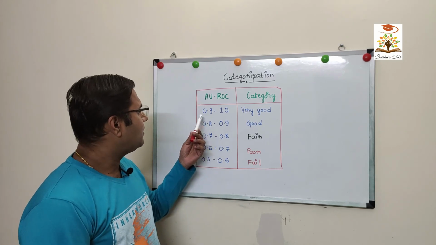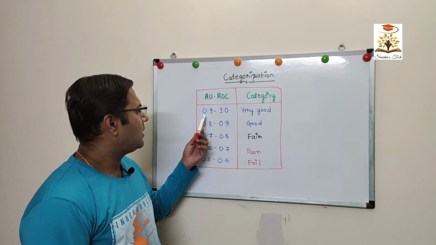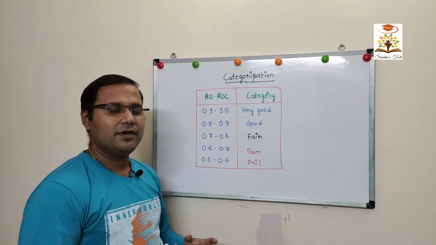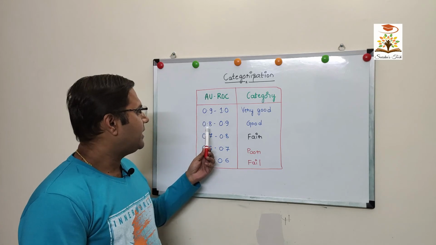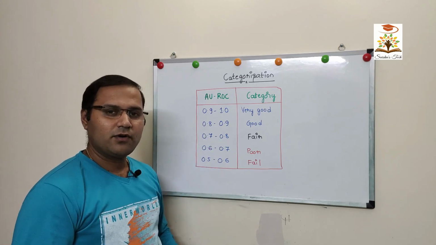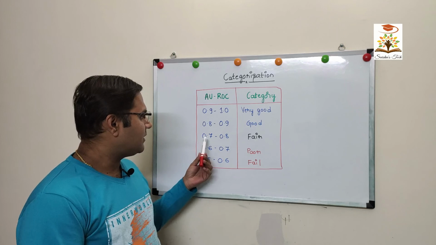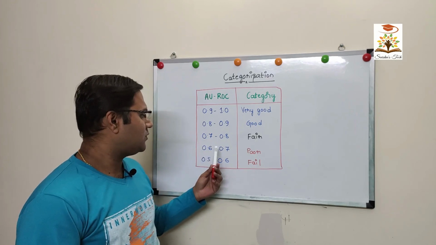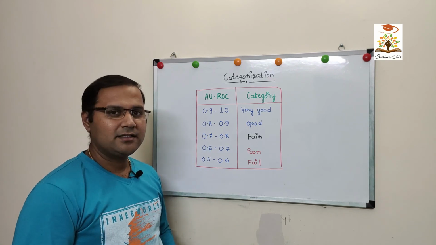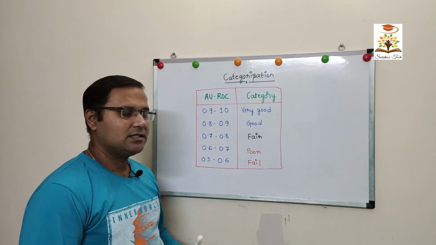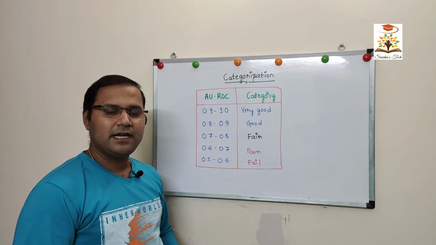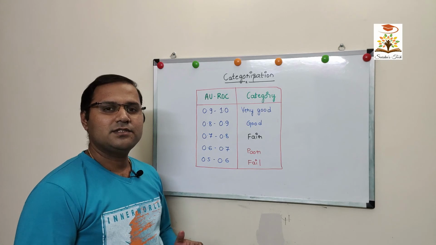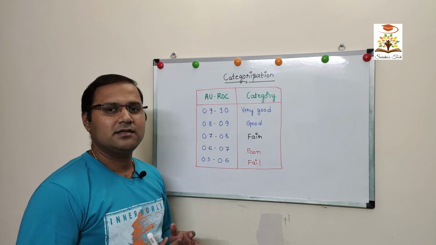If the model performance of area under the ROC curve lies between 0.9 to 1, it is a very good model. 0.8 to 0.9, performing good. 0.7 to 0.8, it is fair. 0.6 to 0.7, it is bad. And 0.5 to 0.6, it is a failed model. This is how we can assess which model is performing better than the others.